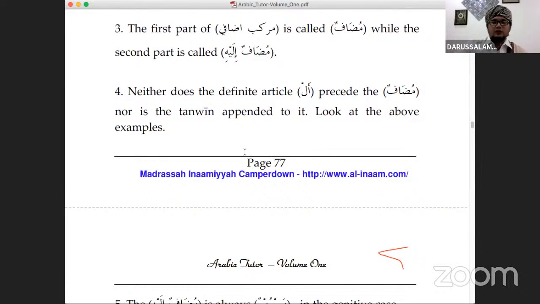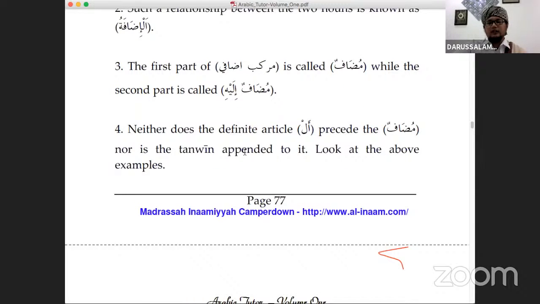So you must always remember for a murakkab idafi that the mudaf, only a few things you have to remember. Listen. First thing is that the mudaf cannot have alif lam in front of it. For example, Kitab Zaid, you cannot say Al Kitab Zaid.